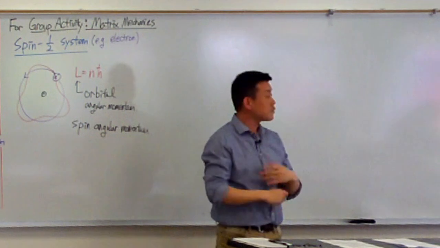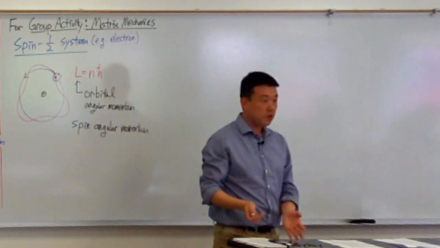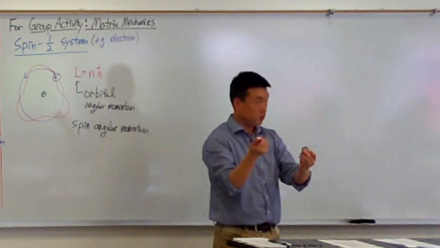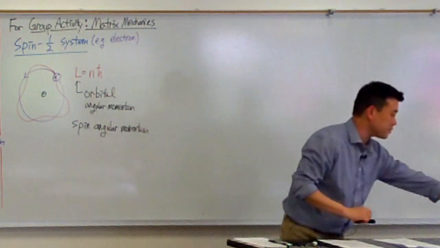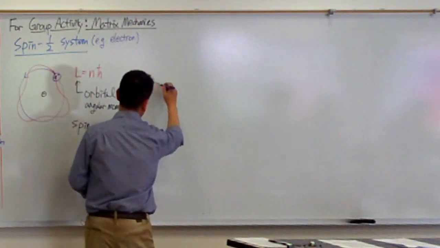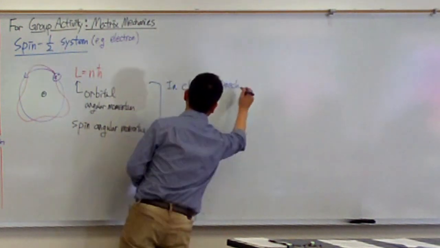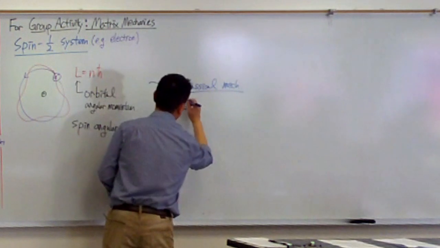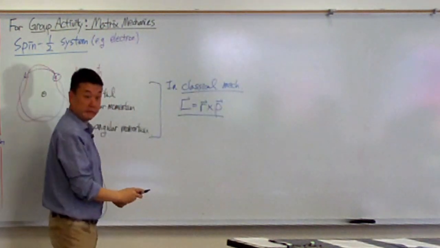That's where the language is borrowed from. But in classical mechanics, there's no fundamental difference between orbital and spin angular momentum. They are both described by the same general relationship: angular momentum is equal to r cross p, right?